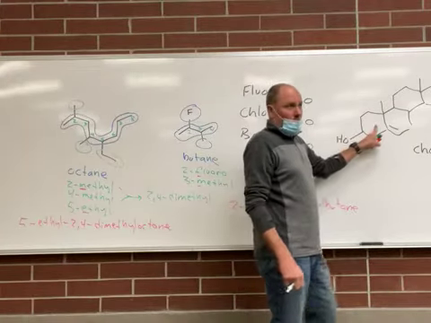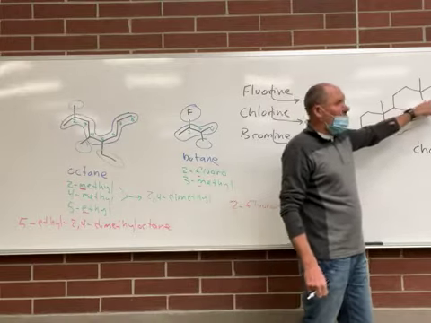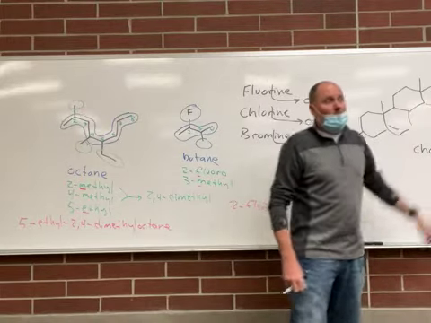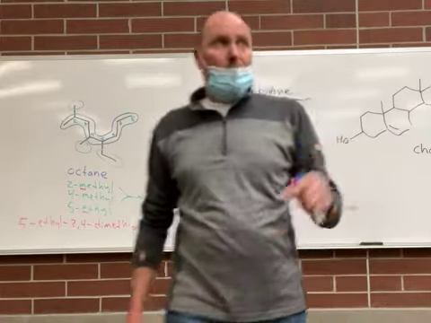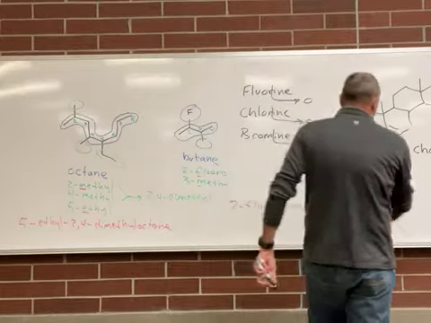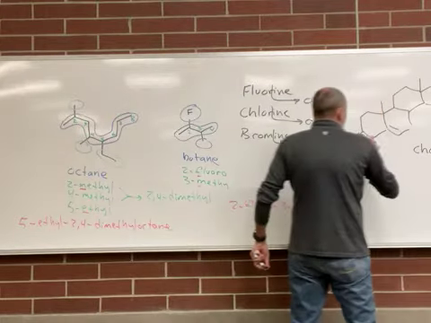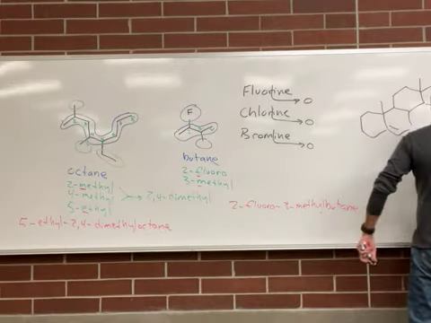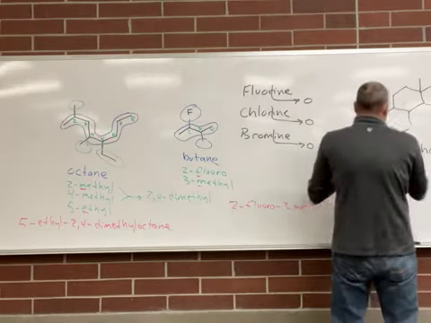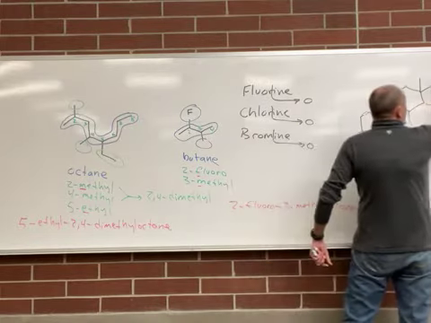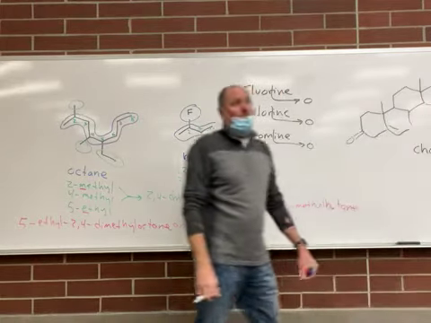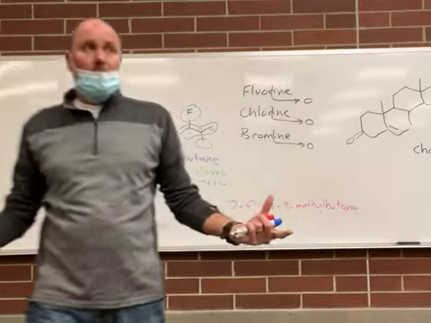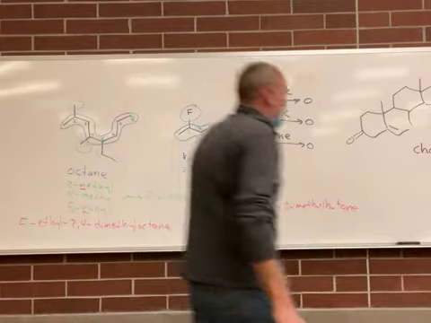Cholesterol has a 6-membered ring, 6-membered ring, 6-membered ring, 5-membered ring. So, alkanes like to form rings, and in fact, these aren't the only ones that we're going to see. If I remove that and remove this, check this out. If I make that, okay, that's testosterone. All right, you can make progesterone.